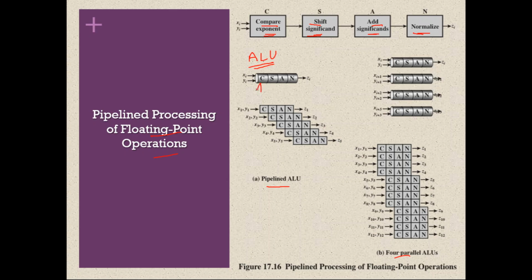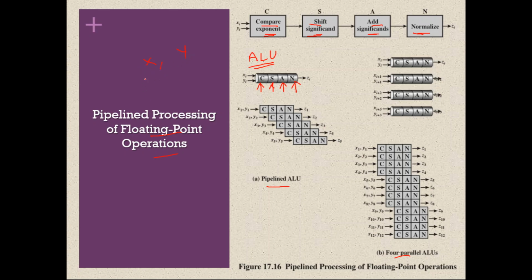One unit compares the exponent, another shifts the significand, another adds the significand terms, and another normalizes. These are the different units we have, and we have x and y on which we want to perform this floating point operation.